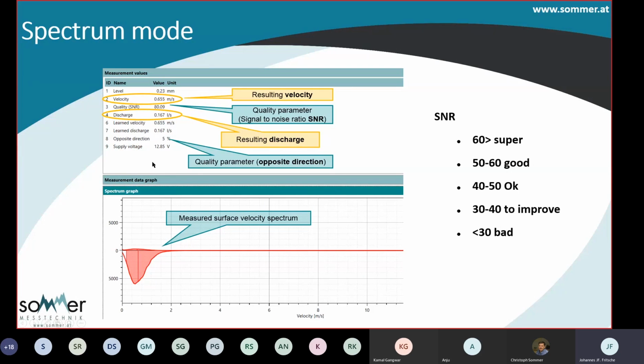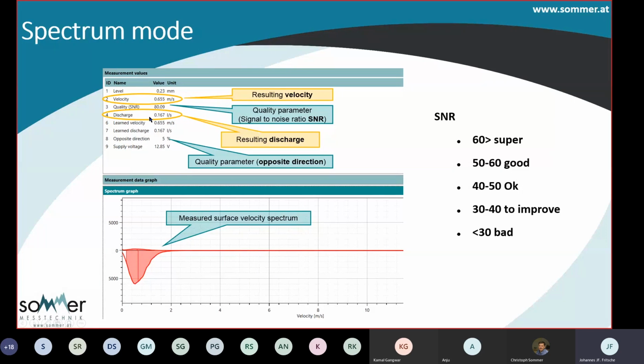And additionally, in the spectrum mode, we do some regular measurements, and you can see the results up here that correspond with this spectrum. In this example, a flow velocity of 0.7 meters per second. That is the red line here in the spectrum.